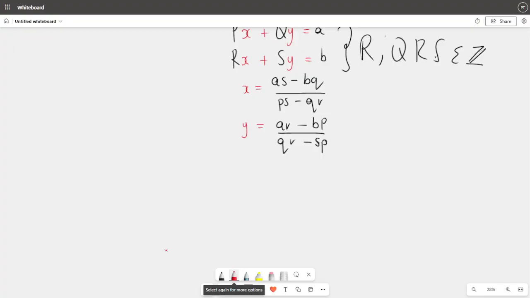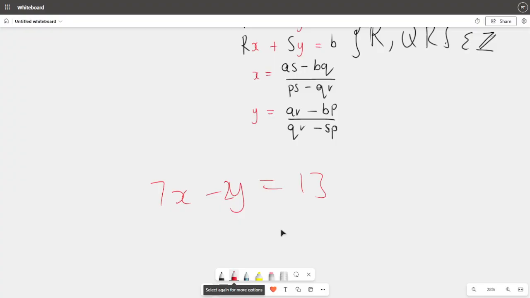Okay, let's say maybe you're given something like 7x minus 2y, to make it more interesting, equals maybe 13. Something of this nature, and then followed by, let's say, another one, negative 10x plus y equals maybe 20.